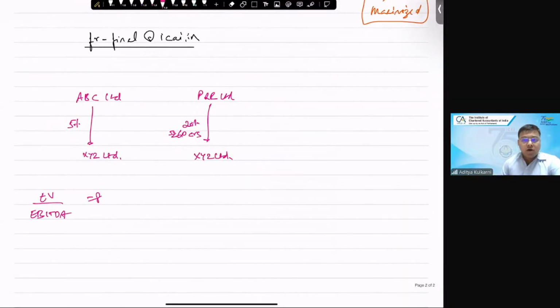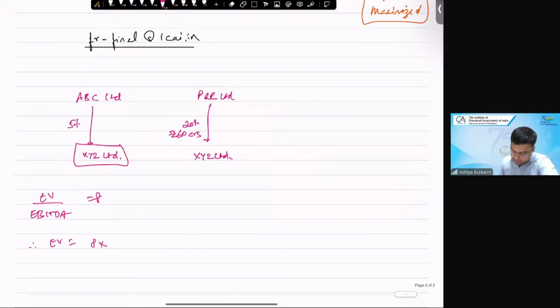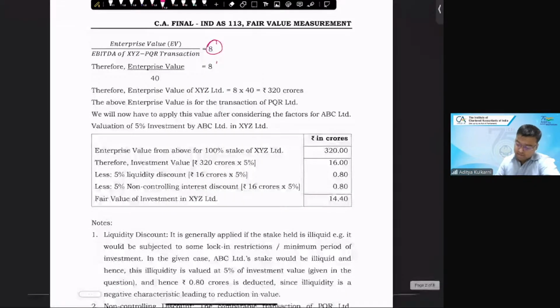Whose EBITDA we want? We want XYZ Limited's EBITDA only because I am valuing the investment in XYZ Limited. Therefore, EV is equal to 8 multiplied by 40, 320.